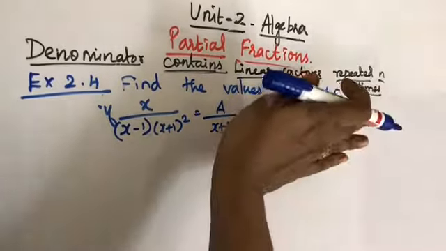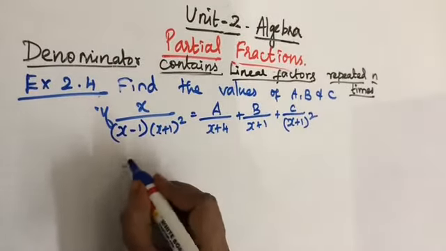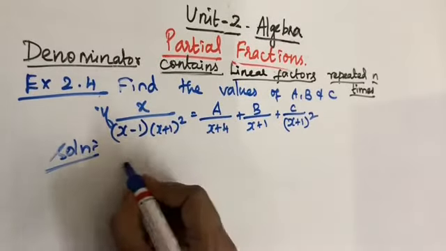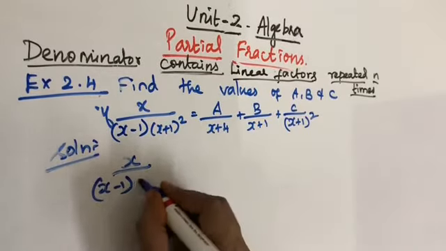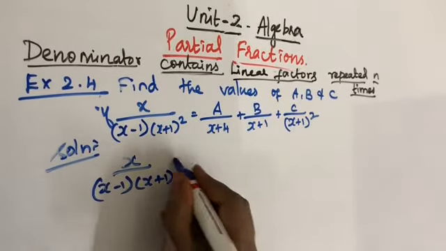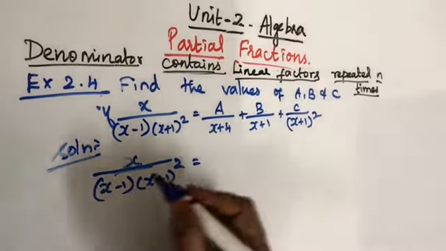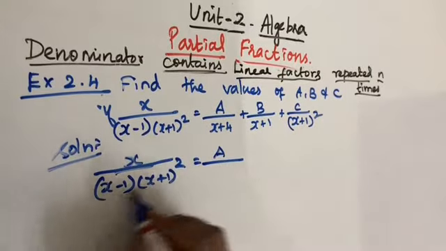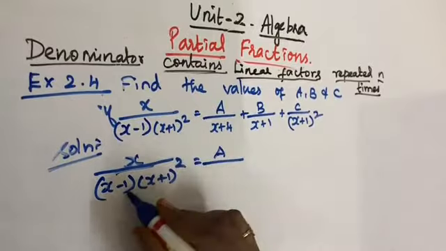Now don't look at this. Let's take the left hand side. X divided by x minus 1 into x plus 1 the whole square is equal to, how we used to write, a divided by, already the denominators are factors, so no need to factorize it.